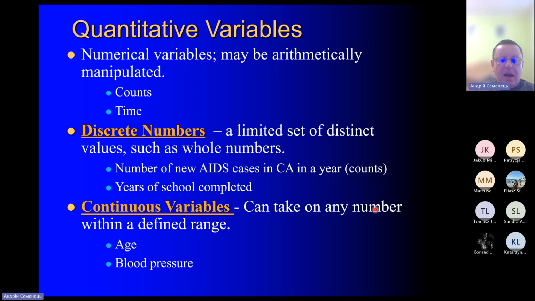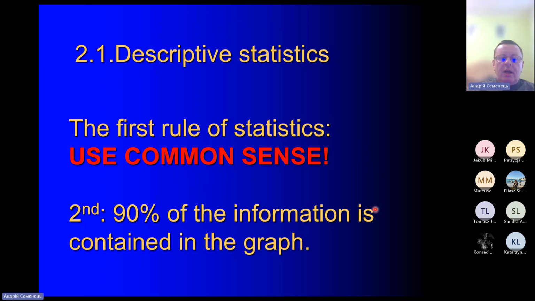Continuous variables take any number within a definite range, as I already said, like blood pressure or age. Any fraction of a second we become older, so age is a continuous variable.